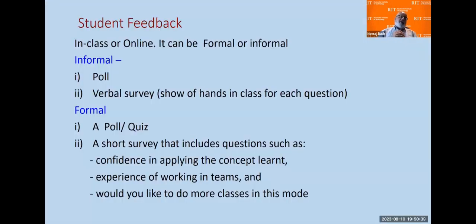Feedback is always important, whether it's formal feedback or informal feedback, or just people raising their hands. You can do a minute paper. Whatever method you use to receive feedback is very important. What is even more important is that you act on that feedback, because students spend their time giving you feedback.